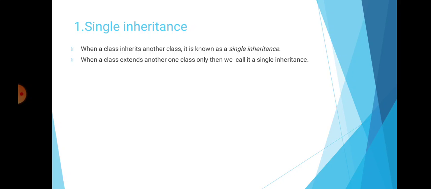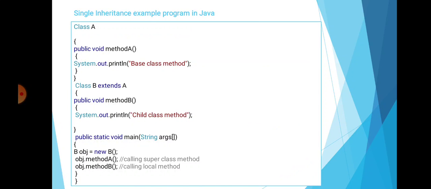Now we will see the example for single inheritance. Suppose this is class A with public void method A, and we will display the message base class method. Then the second class B, which extends A, has public void method B, and System.out.println child class method.